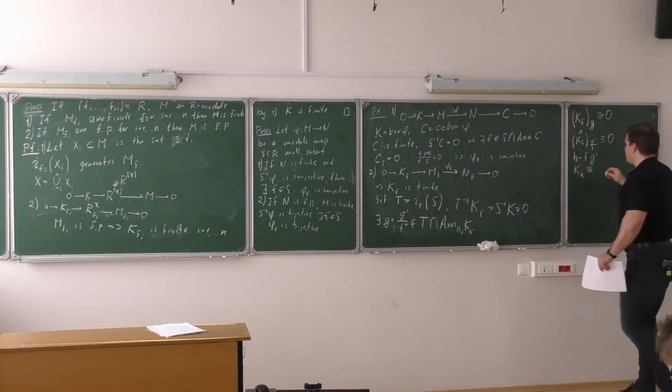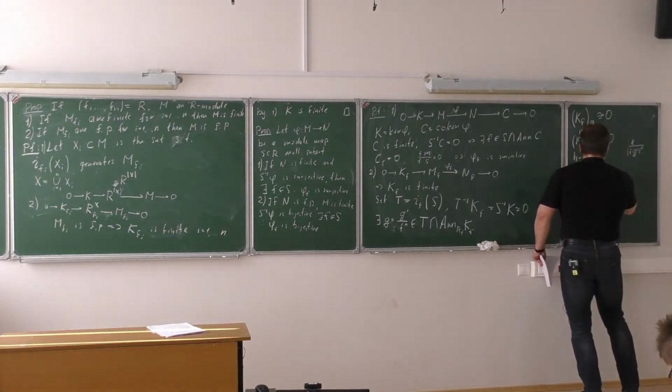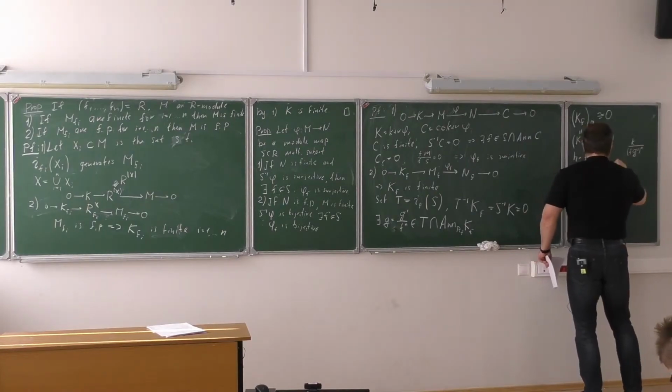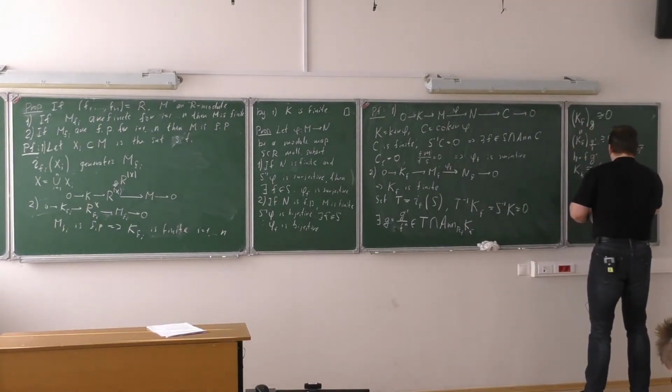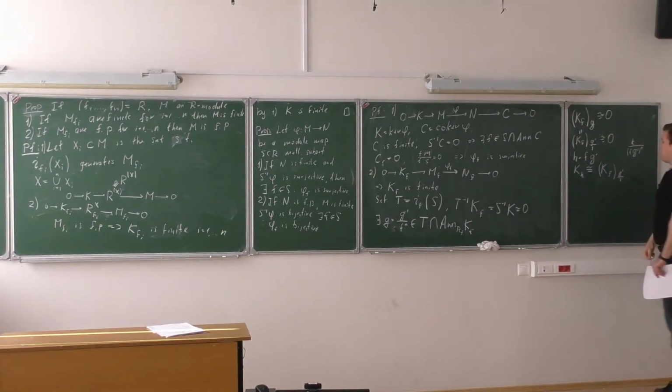So I can do this again in two steps. I first localize with respect to the element f, and then in the second step I localize with respect to the element g prime over 1. So inverting h and inverting first f and g prime is exactly the same thing.